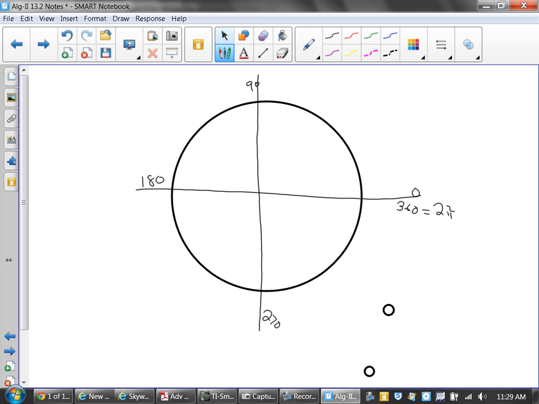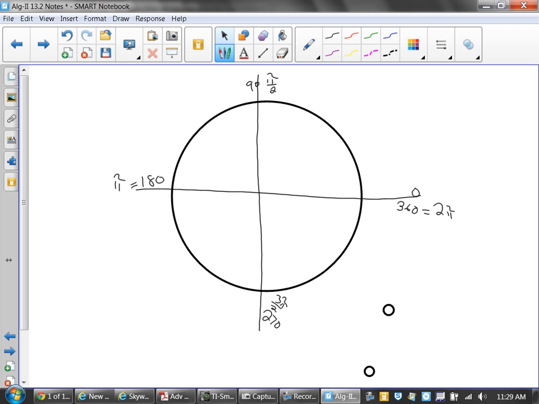It's 1 full revolution. Therefore, at 180, what would it be? Pi. At 90, what would it be? Half pi. Good. Pi over 2. At 270, what would it be? 3 halves pi.